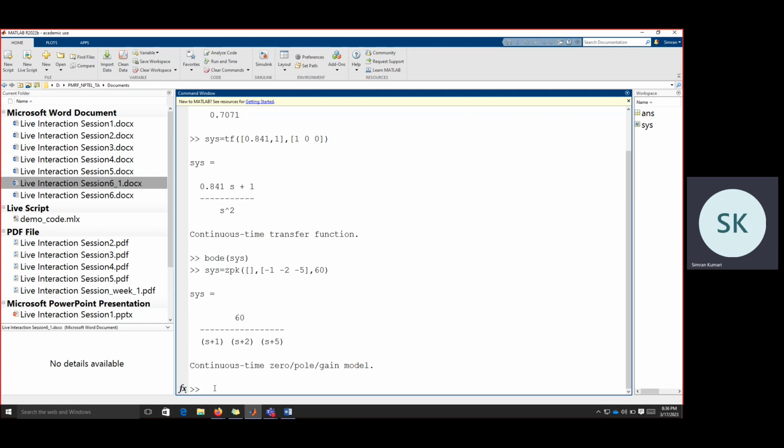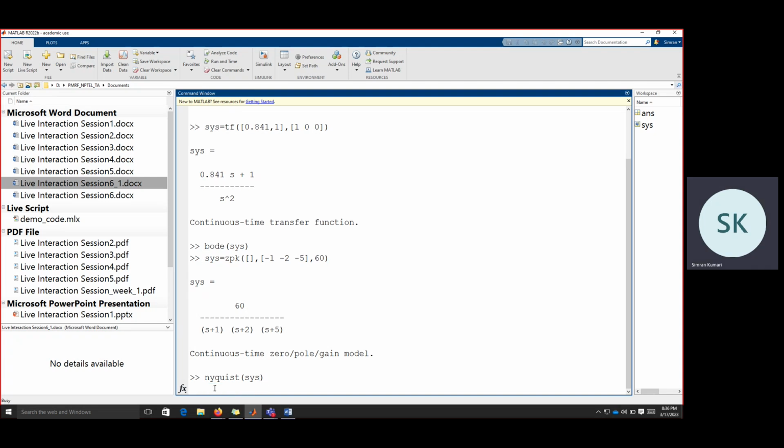We just see what the Nyquist plot of this system is. So the nyquist command will give us the Nyquist plot for this function.